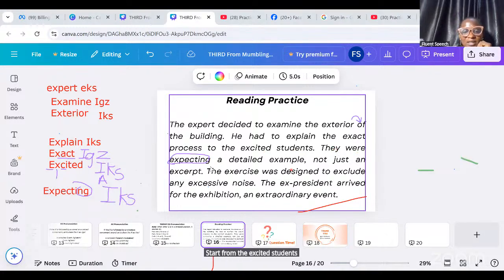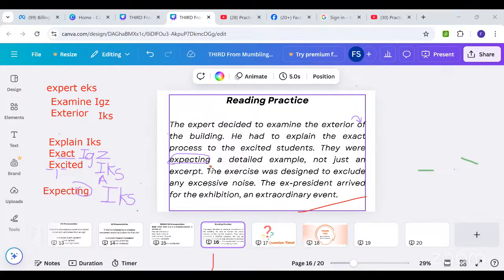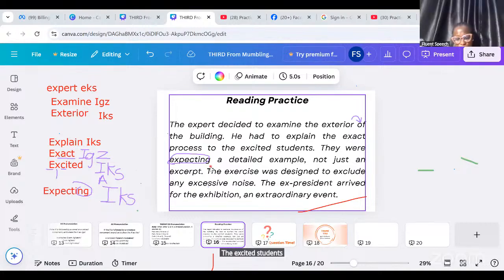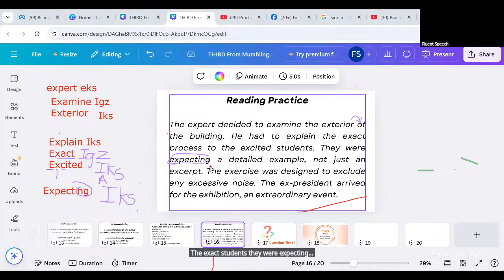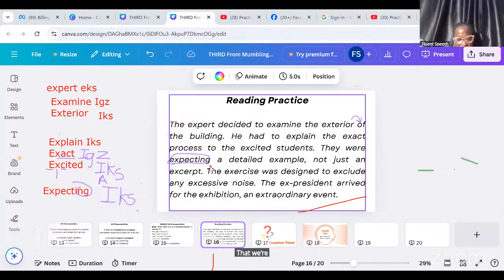The excited students, they were expecting. They were expecting. Very well. They were expecting. Good job.